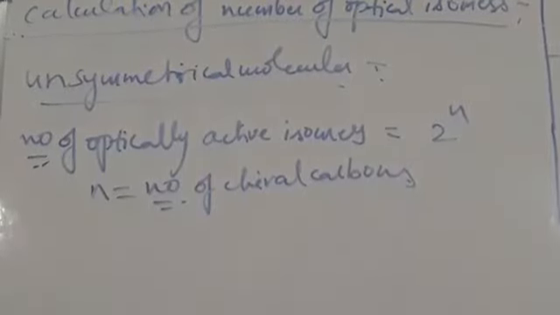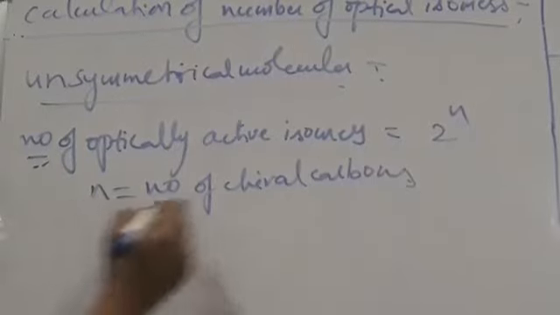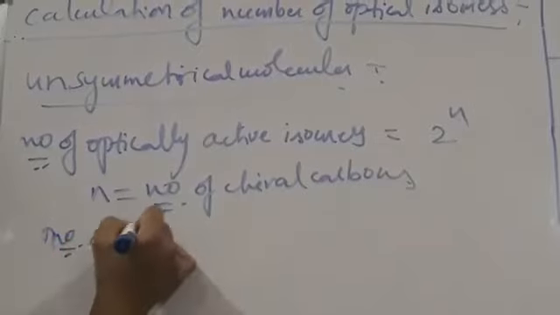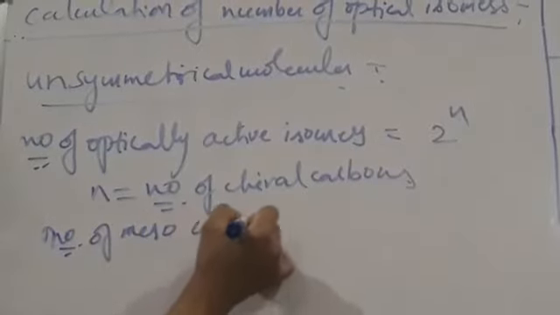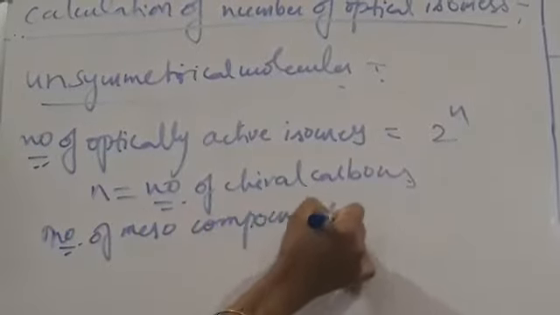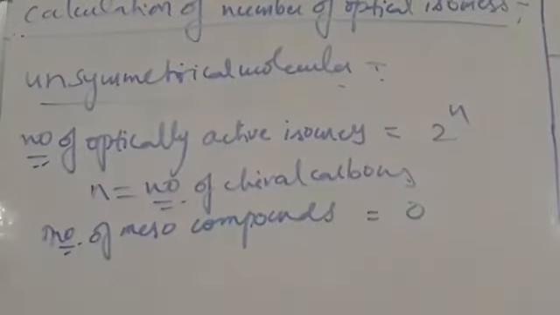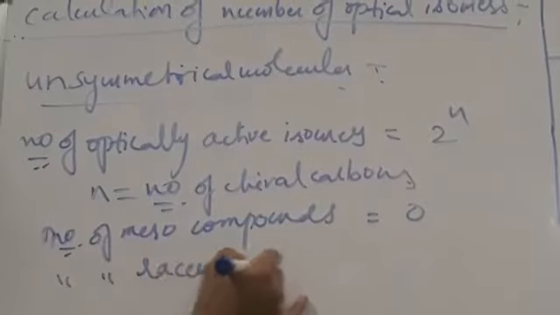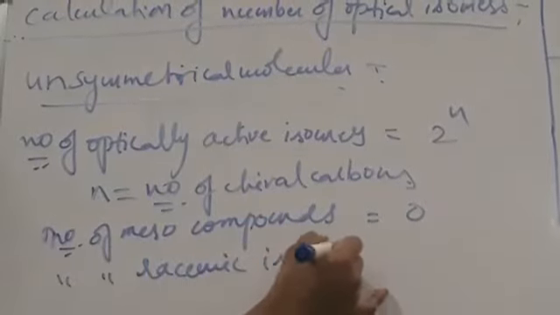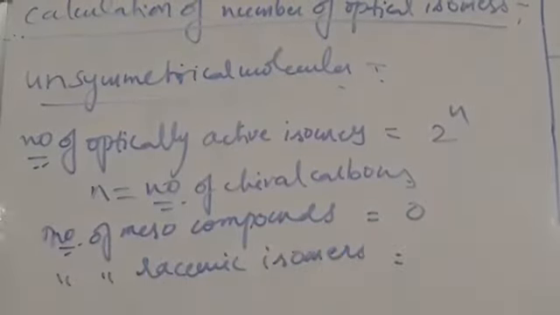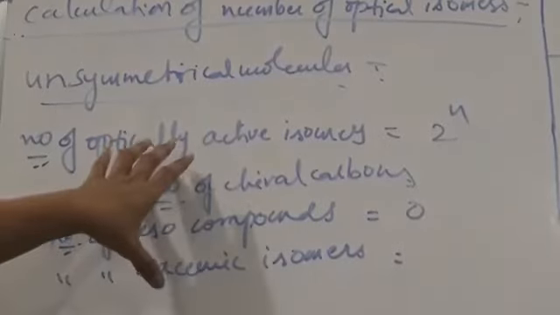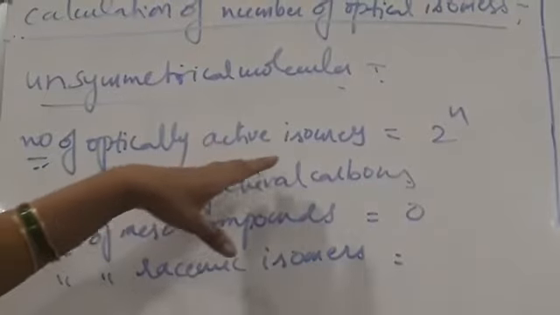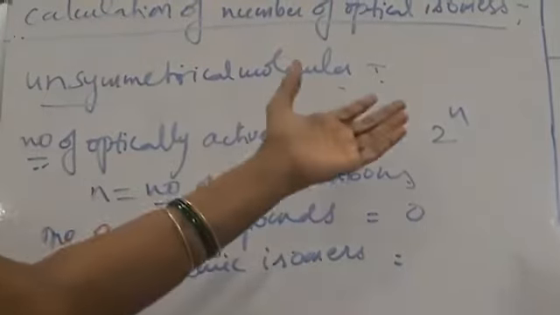Okay. So the number of meso compounds is equal to 0. Next, the number of racemic isomers is equal to the number of optically active isomers to the power 2.